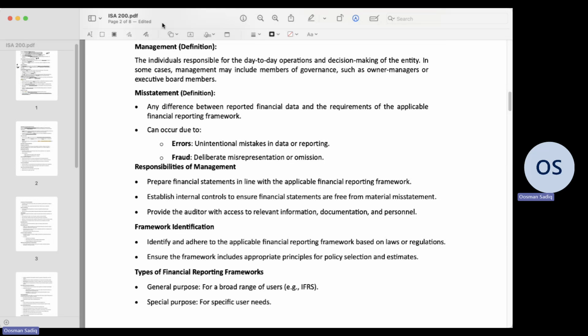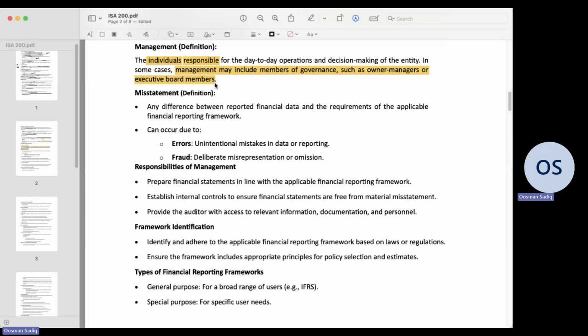You're not the management. You are the person doing the audit. Management: individuals responsible for the day-to-day operations and decision making of the entity. In some cases, management may include members of the governance, such as owners, managers, or executive board members. Basically, the management of the company.